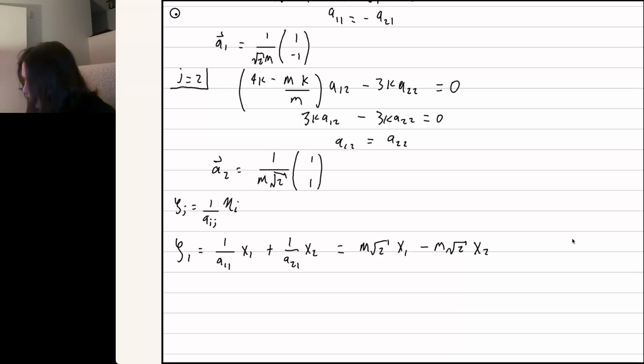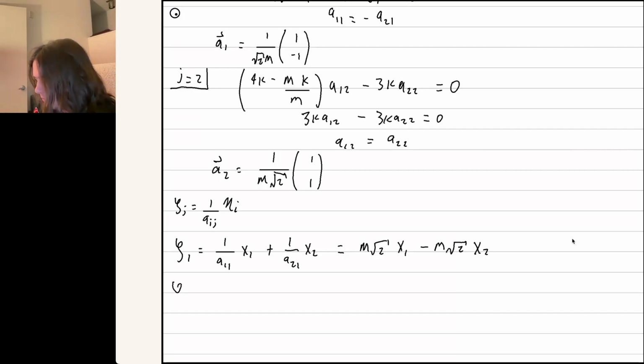What does that correspond to physically? That corresponds to the masses on the springs moving in different directions in a normal mode of oscillation. So they're literally moving like this with frequency square root of 7k over m.